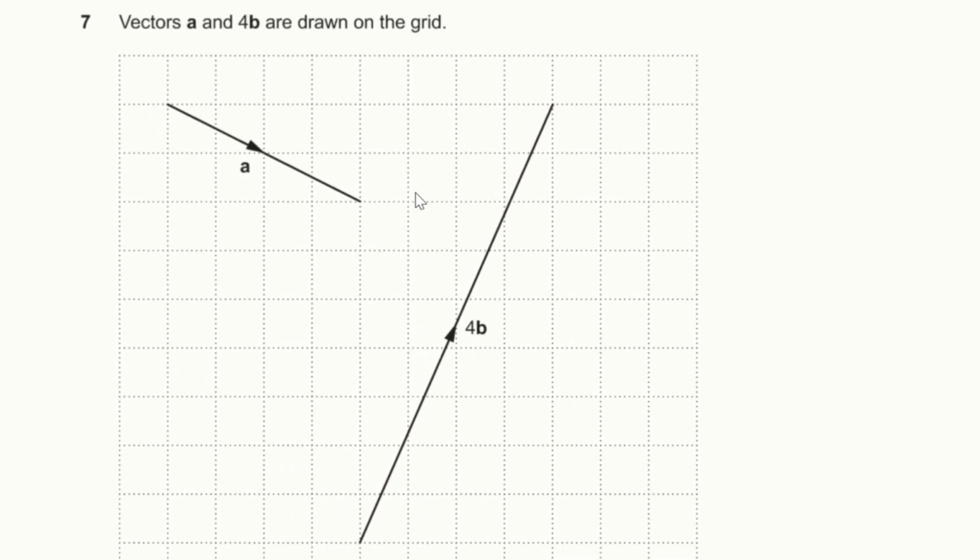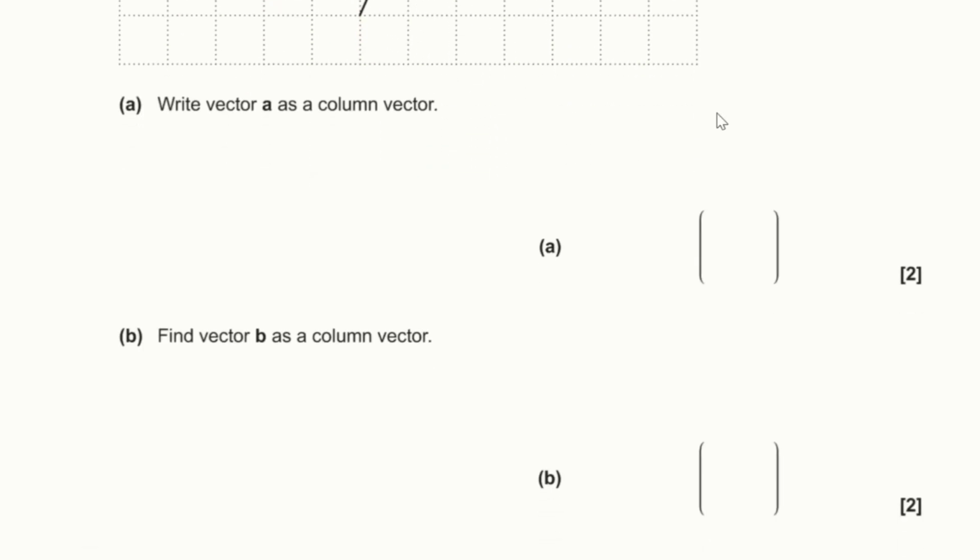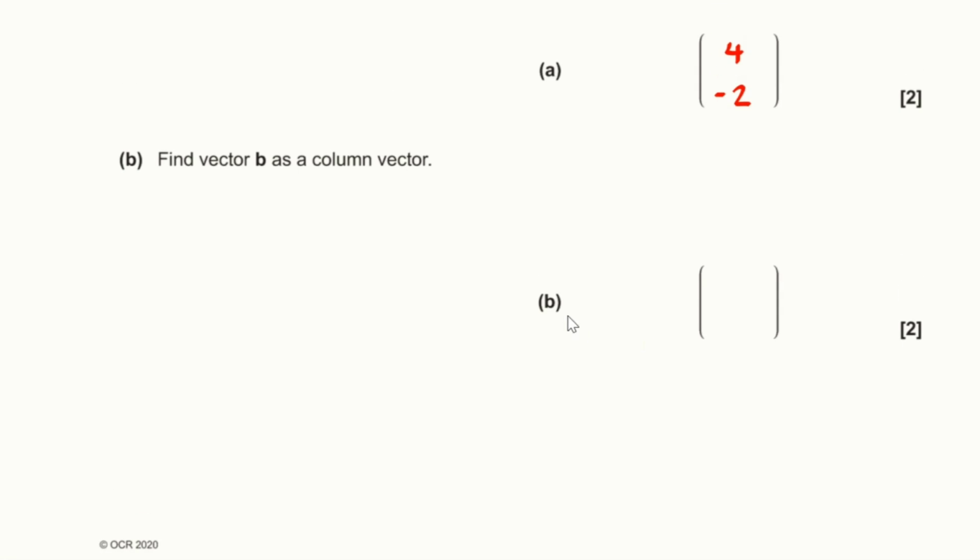Well, you can see we go four across, and then we go 2 down. So A is equivalent to (4, -2).